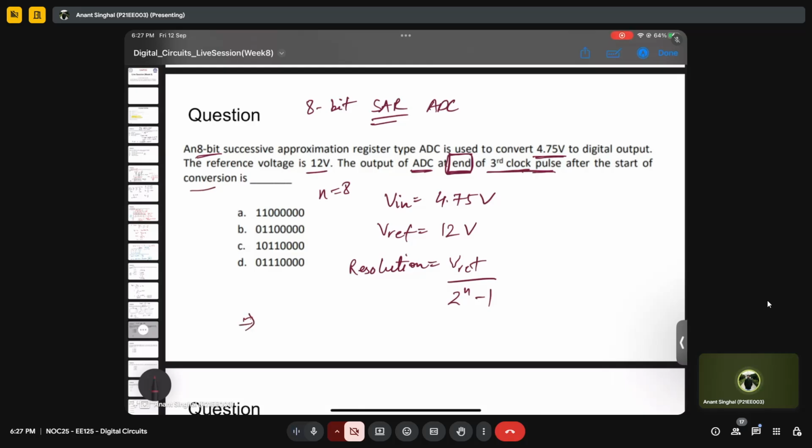So the resolution is 12 divided by 2 raised to the power 8 minus 1, so it's 12 by 255 basically. If you do it, it is 0.047. So this is the resolution.